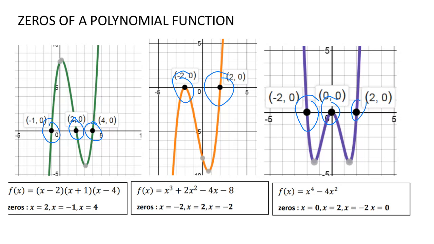Okay, and we also know that at the zeros, the graph is either crossing through the 0 or it's touching and turning around. So for example, in this 0 here, the graph touches, but then it turns back down. And at this point here, the graph is crossing right through that 0. And so later on, we'll talk about that as well.